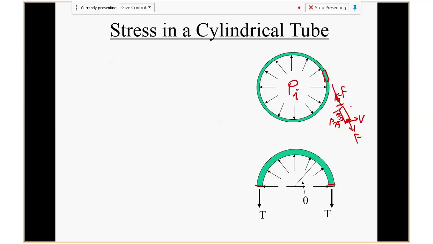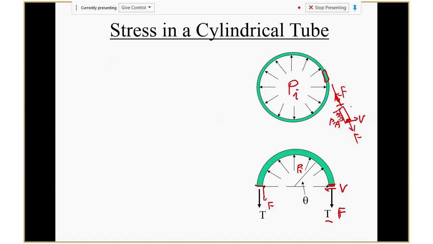If we draw the free body diagram, you're going to have this pressure here, right? That's what I already showed by the arrows. The pressure inside. What else? On this surface, you're going to have a force, we call it T. Actually, you can say force, right? If you say it's force, I use F, because we talk about force. What else? You may have a shear. Let's say you have a shear, it will be V, right? We use V to label shear.